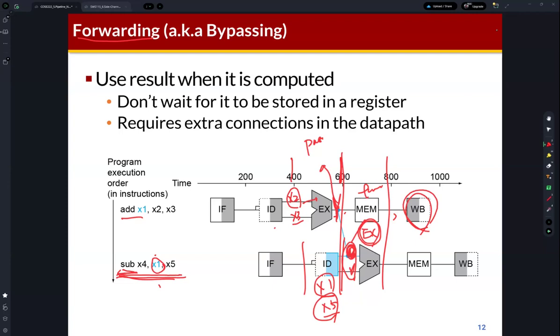Before the result is written back in the register file, this result can be provided to the input of the ALU. If we just consider the timing, this is possible.